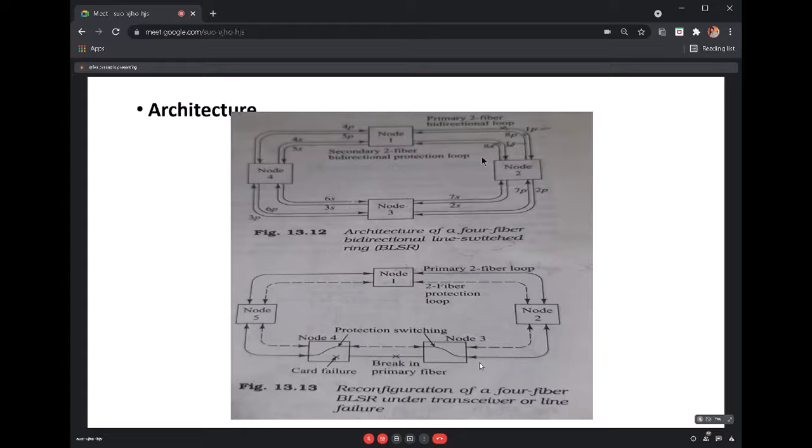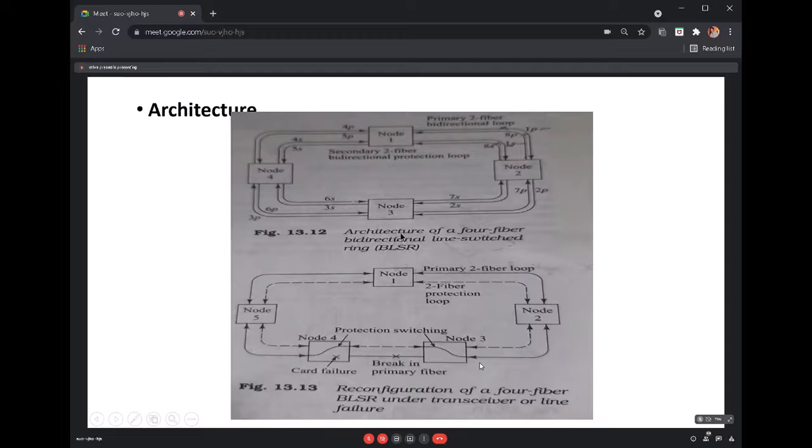For example, if I want to transmit from node 1 to node 3, because my primary path is in the clockwise direction, it will be sent and received that way. But if there is an issue and this breaks down, then the anti-clockwise protection path is used: node 1 transmits in that direction, reaches node 3, and the destination receives it.